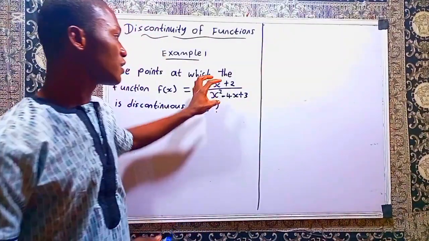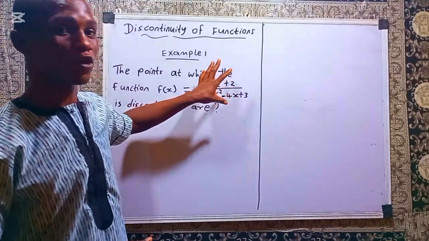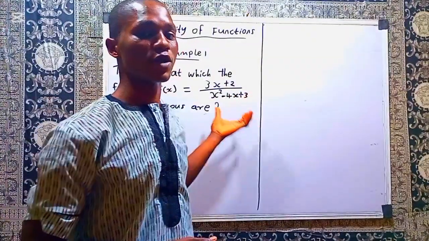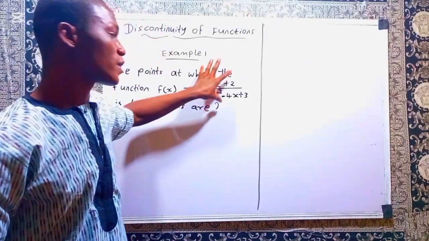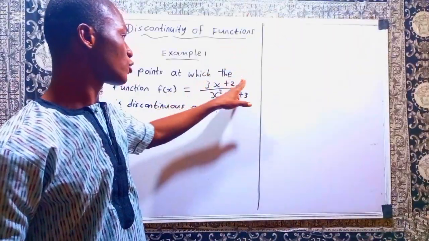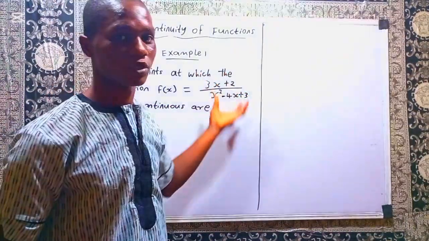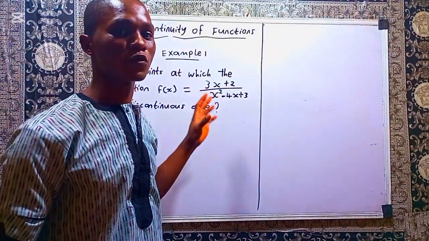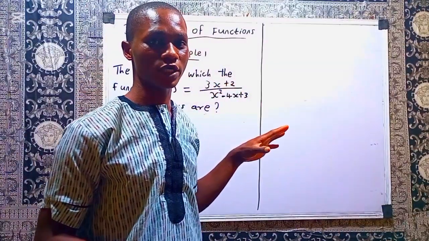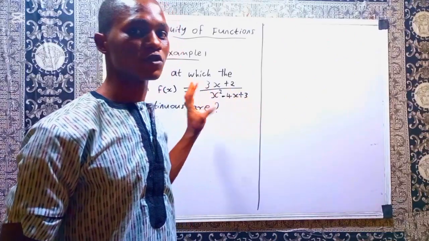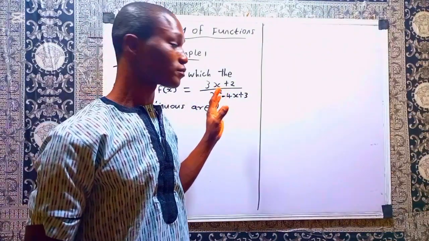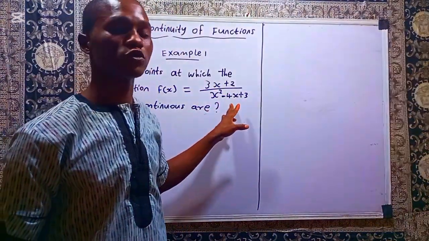Now if you have a rational function, that is, a function expressed in fraction form, you can see this function is expressed in fraction form. You have the numerator, you have the denominator. We'll call such a function a rational function. If you want to find the points of discontinuity, those points at which the function is not continuous, you are going to set the denominator to be 0.